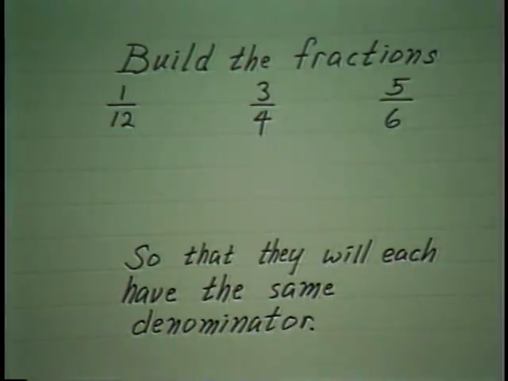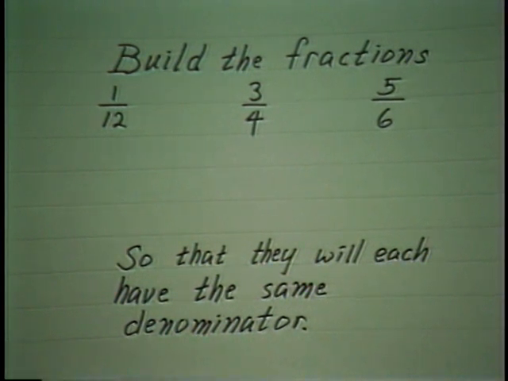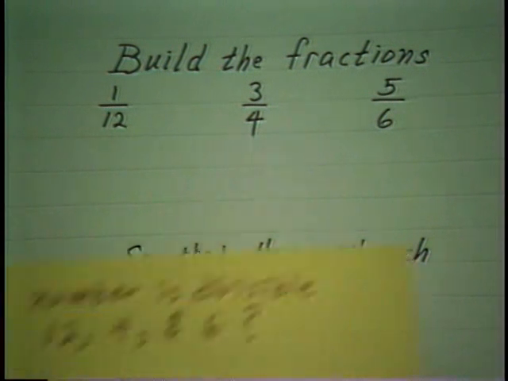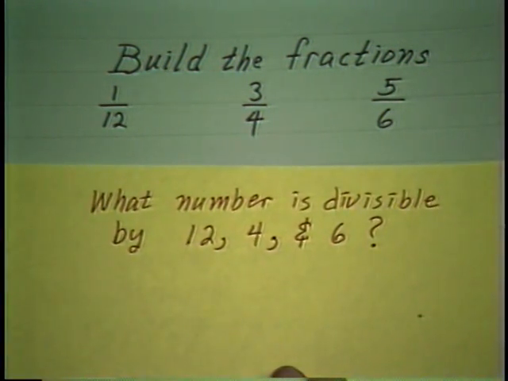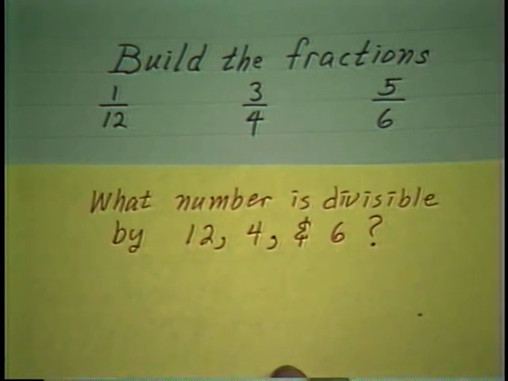Let's see how we would approach this problem. Our task is to build the fractions 1/12, 3/4, and 5/6 into equivalent fractions, but such that they all have the same denominator. Now the question really is going to reduce to this. What number is divisible by 12, 4, and 6?